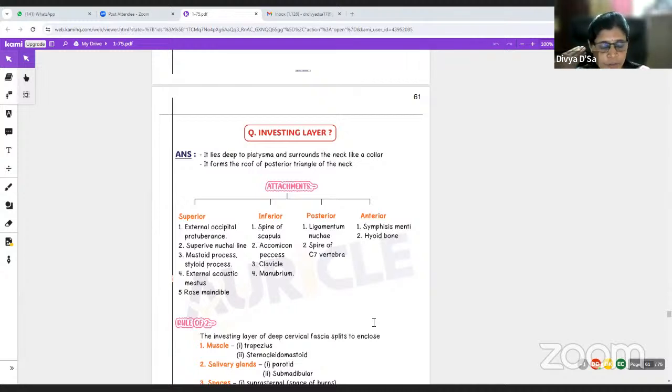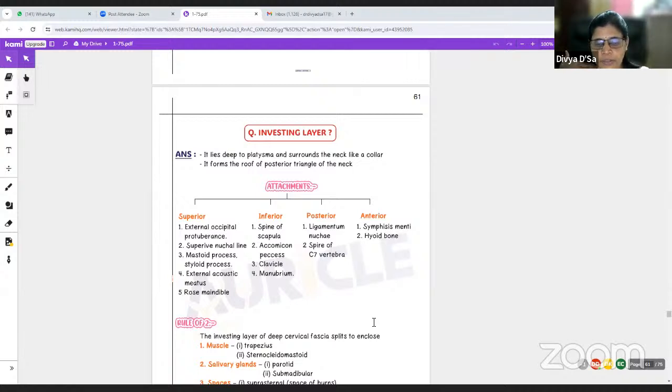So superiorly, if you take from the external occipital protuberance, and as you trace it along the superior nuchal line, from there to the mastoid process, then styloid process, external acoustic meatus, and comes to the base of the mandible.